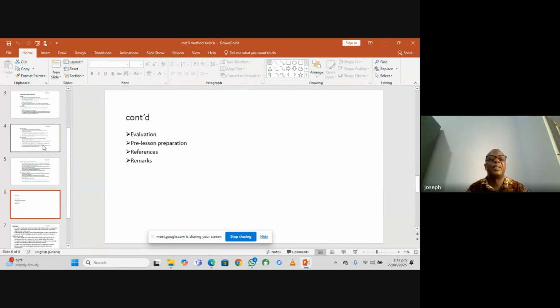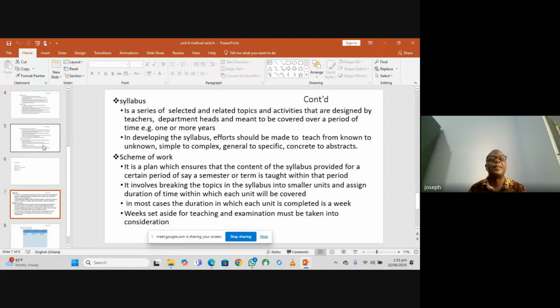So we have the reference materials and all those things, and remarks after the lesson has been successfully taught. You indicate in the syllabus. You can't plan your lesson without referencing the syllabus, or the curriculum, as you are calling it now.